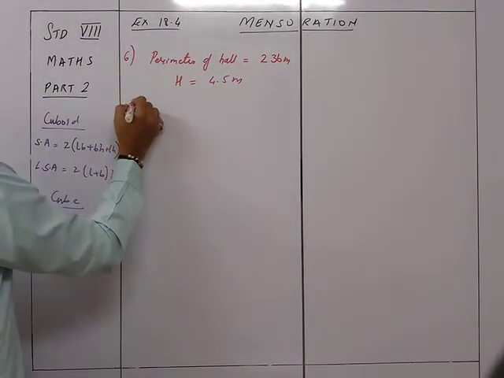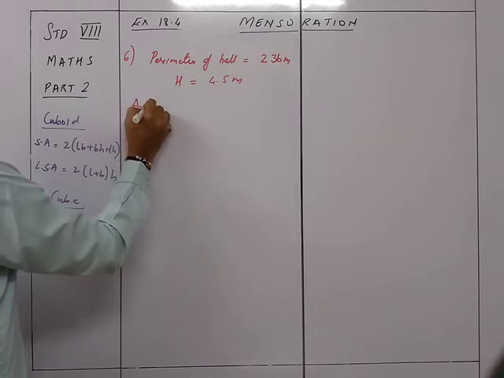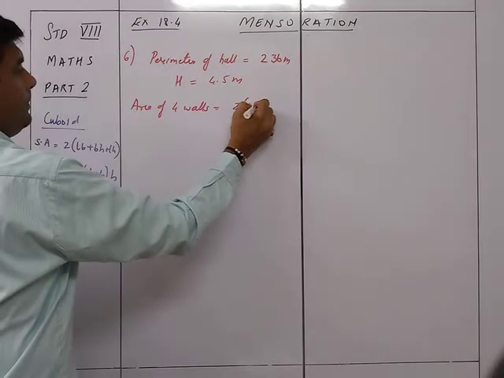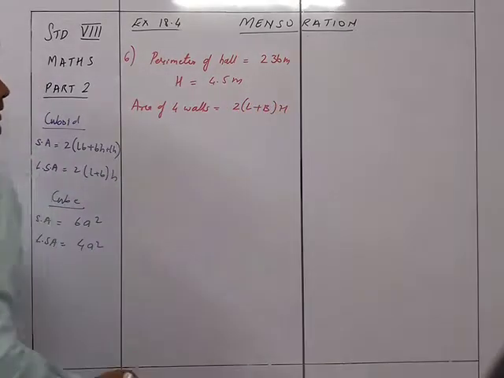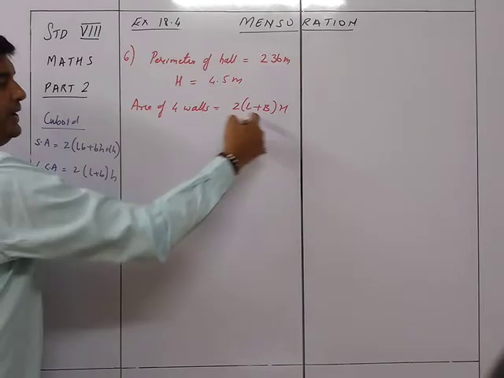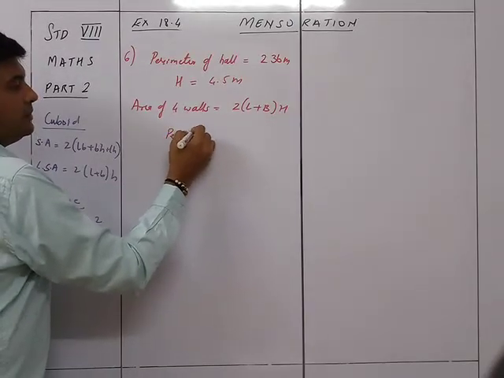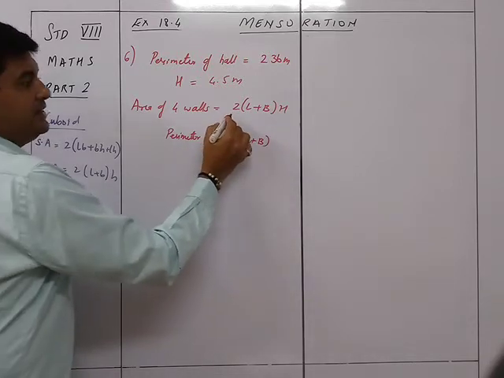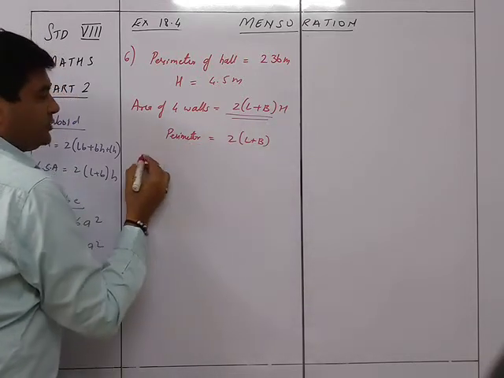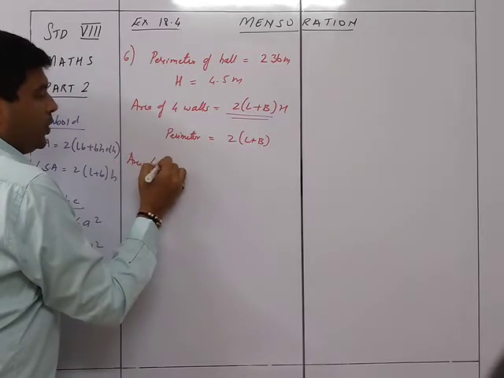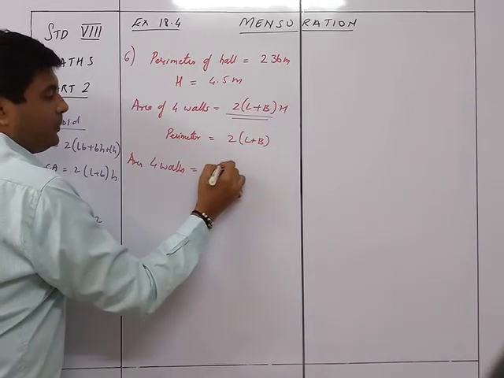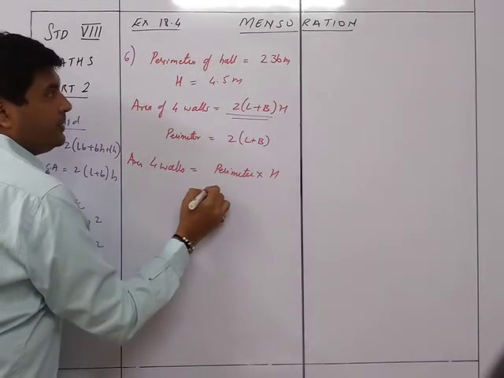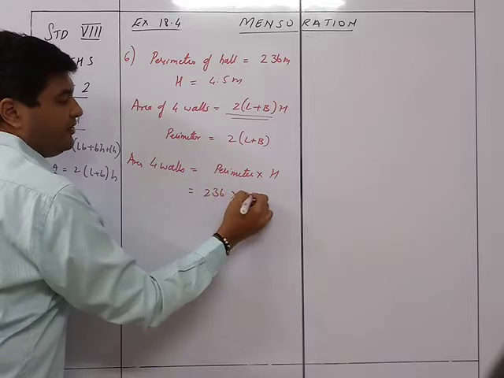We know that area of 4 walls is equal to 2 into L plus B into H. But what is 2 into L plus B? See, perimeter is equal to 2 into L plus B. Therefore, this thing over here can be represented by perimeter. So we can say area of 4 walls is equal to perimeter into height. So that will be 236 into 4.5.